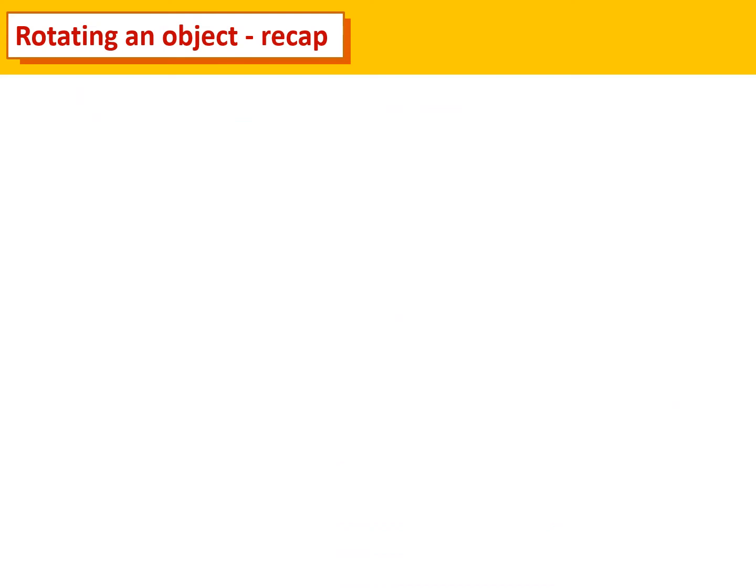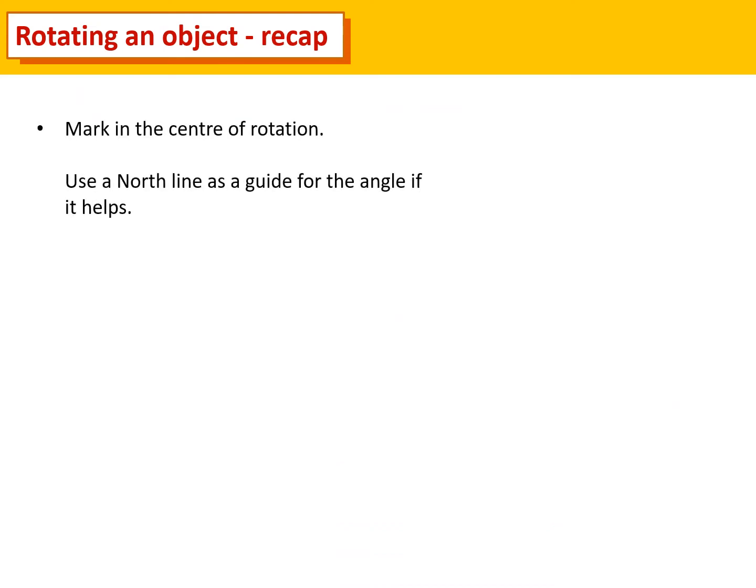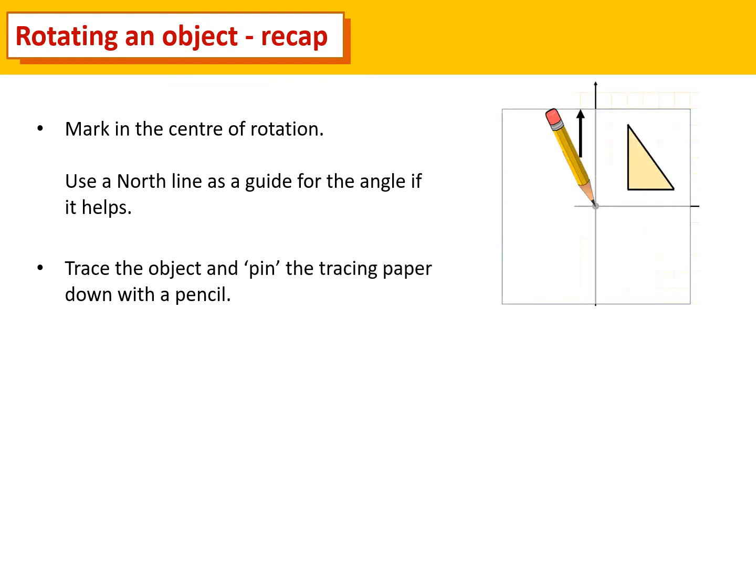Let's put all that together in a recap. Firstly, marking the center of rotation, and if you think it helps, use a north line as a guide. Once you've traced the object, pin the tracing paper down with a pencil or a sharp object, pinning it down on the center of rotation.